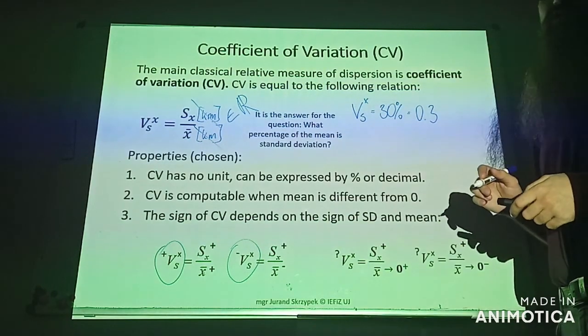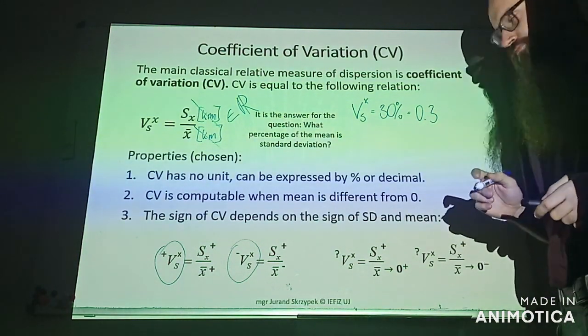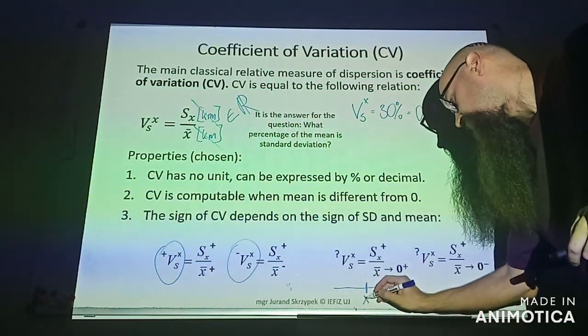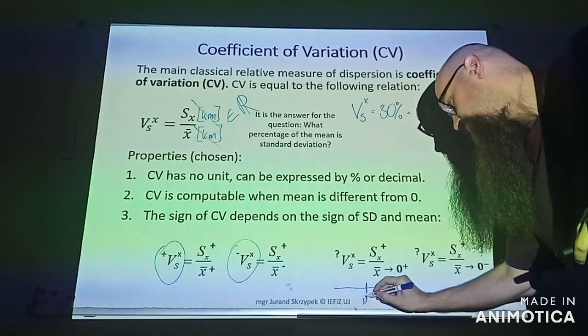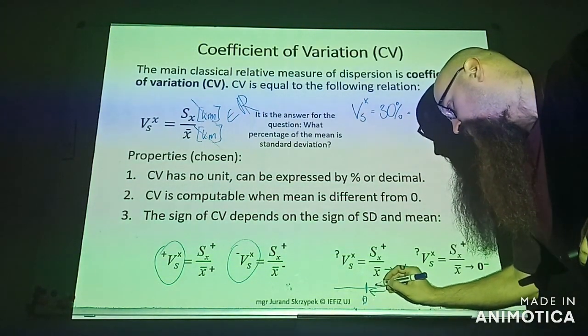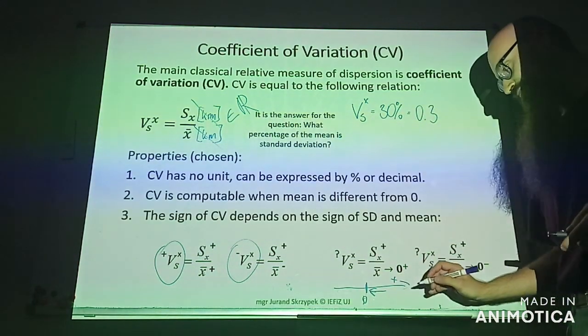Here we have the unique situation where arithmetic mean is approaching 0. Here, arithmetic mean is approaching 0 from the right side by positive numbers.